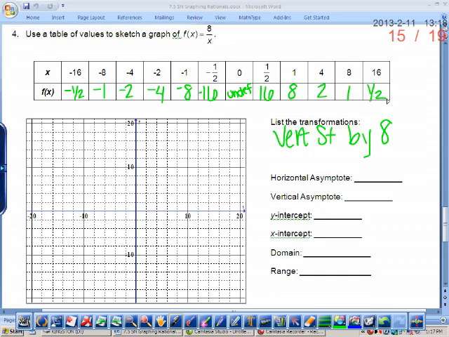Okay, the only transformation that's happened is a stretch. So have your asymptotes moved? No. So go ahead and draw in your asymptotes. Dotted line labeled with the equation. All right, do your best and let's plot these points.